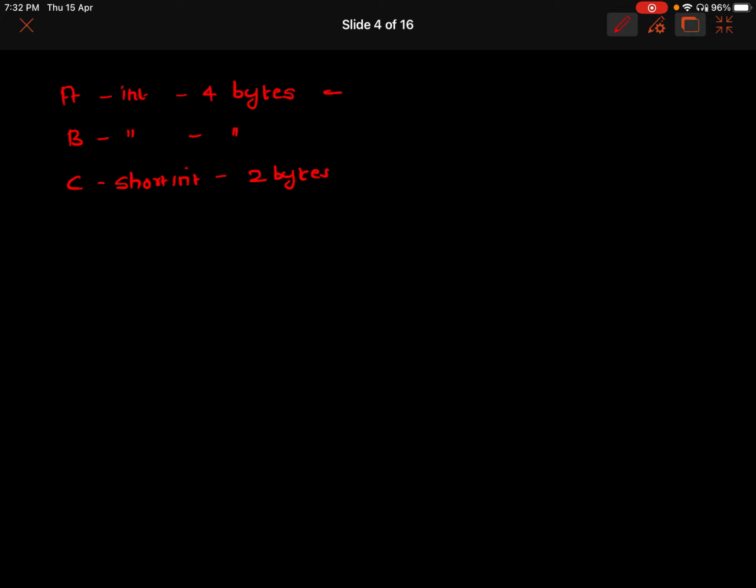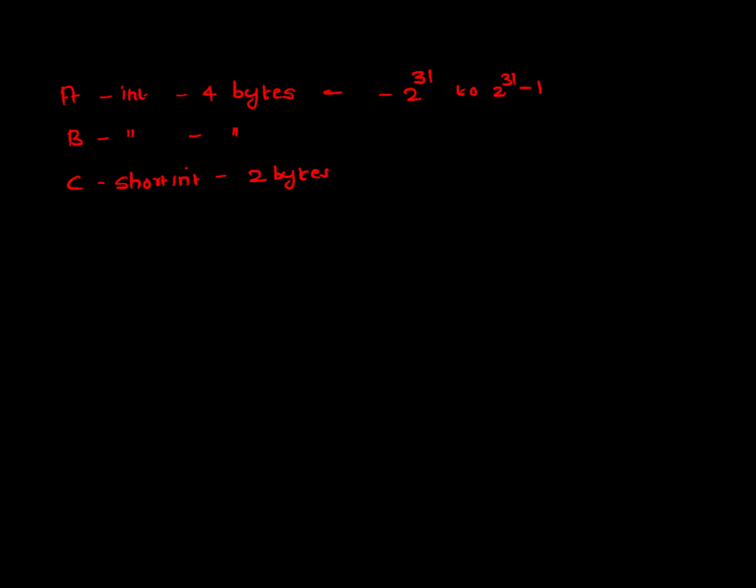So the maximum data here ranges from minus 2 raised to 31 to 2 raised to 31 minus 1, which is the same for this. Here it is minus 2 raised to 15 to 2 raised to 15 minus 1. You see the difference.